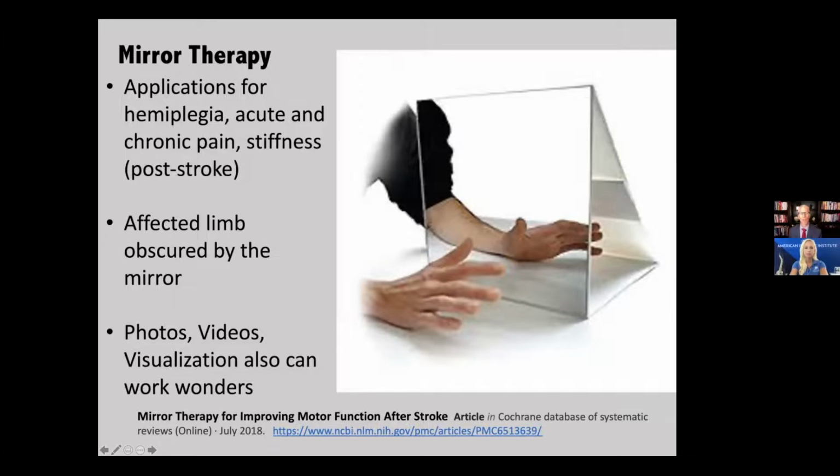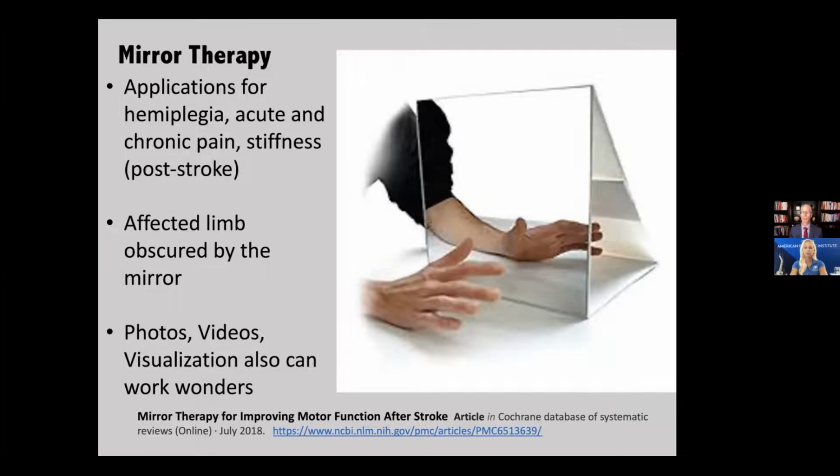But what I've used it for is people who've had strokes, people who've had brain injuries, and even when people have chronic elbow pain or wrist pain, you can literally use this mirror and repattern the brain, and it's sometimes instantaneous. So what you do is you say someone has chronic left hand pain in this image, you put the hand that's affected, that's painful, behind the mirror, and then you look at the reflection of your normal hand in the mirror, and then you just basically move it around.